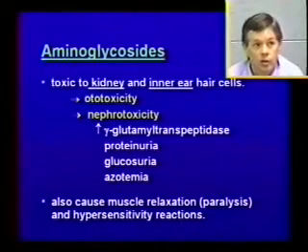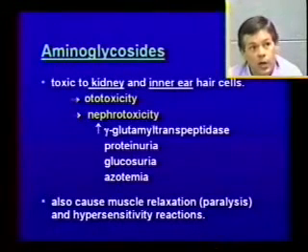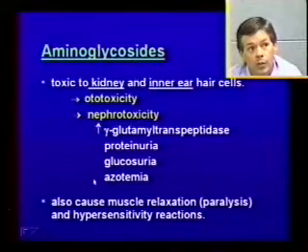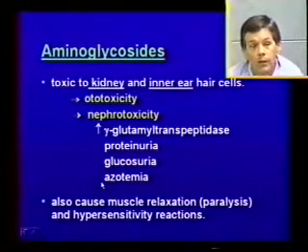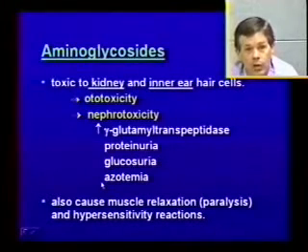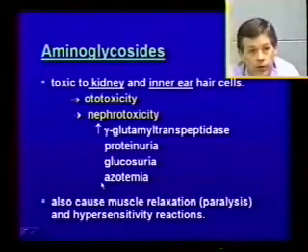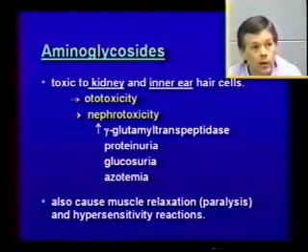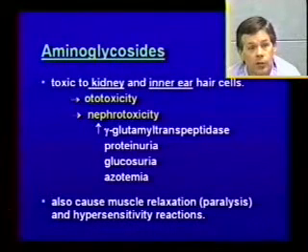So that is certainly a concern for using these drugs. Indications of nephrotoxicity are listed here. Some of the clinical findings you may see that would lead you to believe that nephrotoxicity is occurring. Certainly an increase in protein levels, proteinuria, is one indication that this is a potential problem that's already occurred with the use of these drugs.